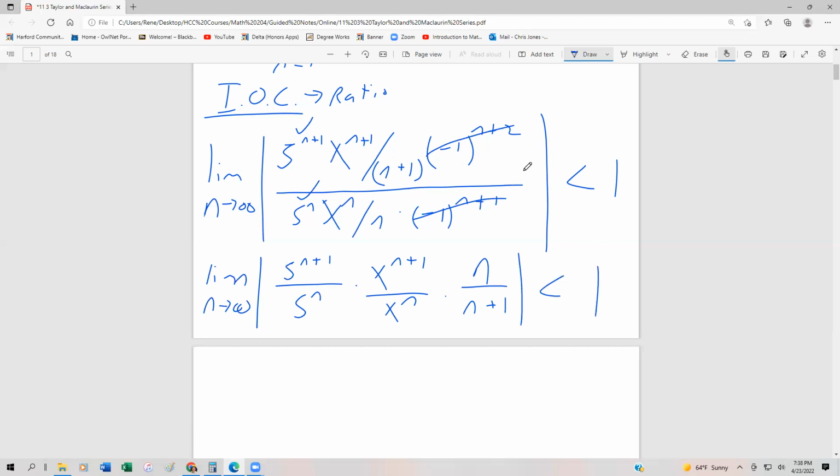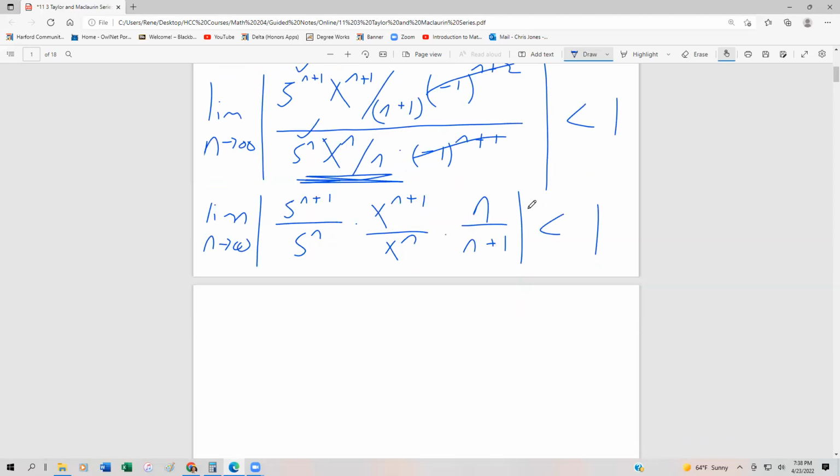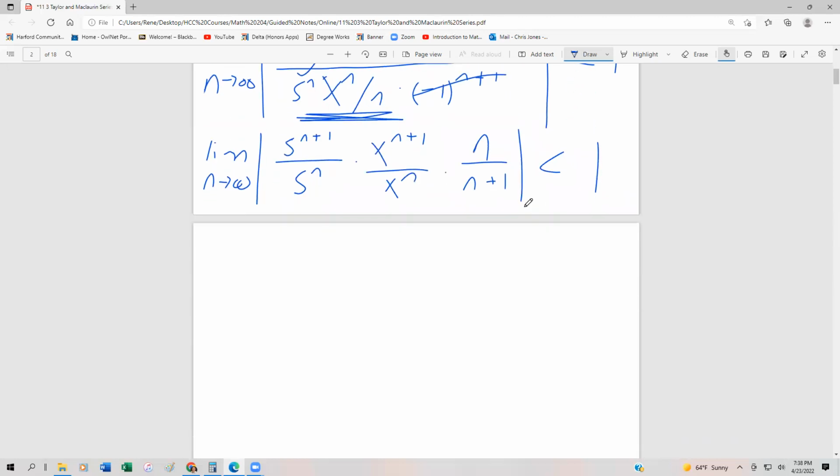Basically, I just multiplied by the reciprocal, just like we did in previous sections, and then simplified it to save time. This works out to be the limit as n approaches infinity of 5x.